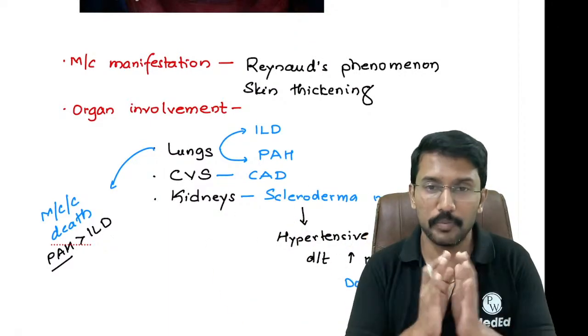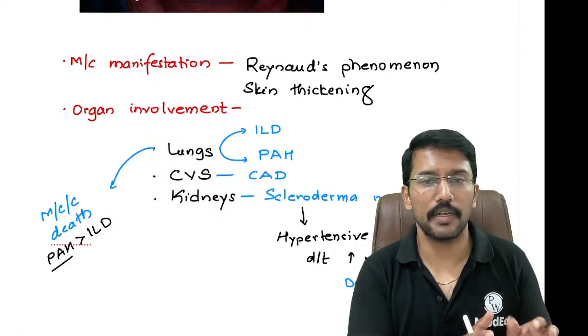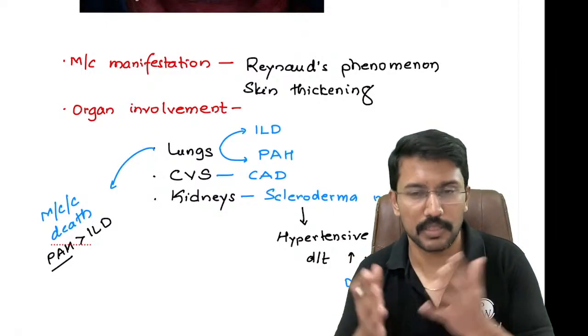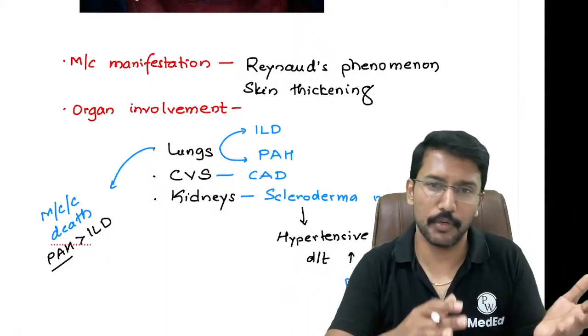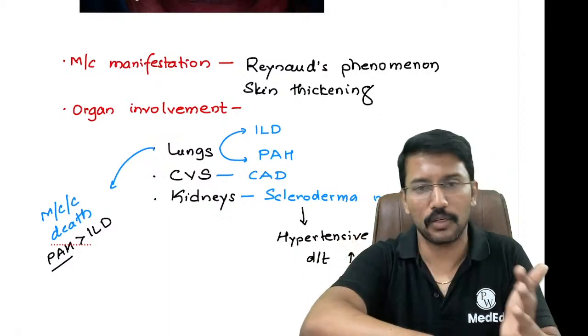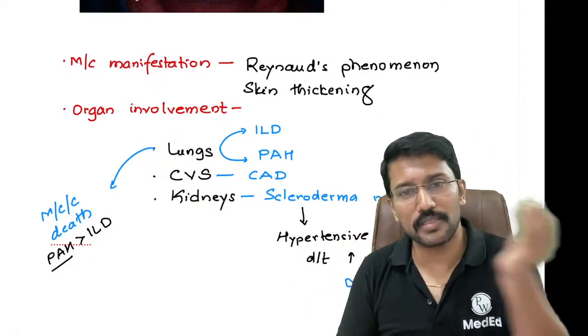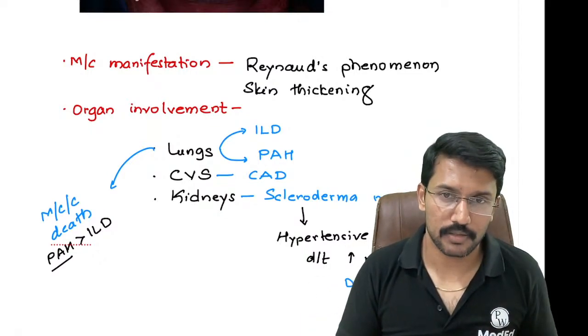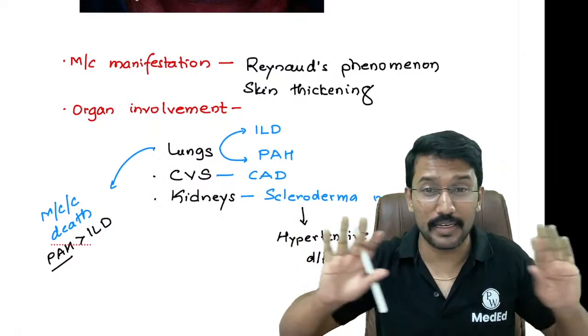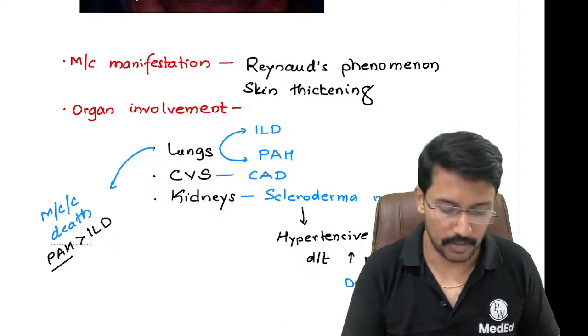Right from the beginning, it will be either a limited cutaneous variant or a diffuse cutaneous variant. If it is diffuse cutaneous, thickening would have started everywhere simultaneously. If it is limited cutaneous, thickening would have started only distal to the elbow. A limited cutaneous does not become diffuse cutaneous, and a diffuse cutaneous does not become limited cutaneous. That is why these are two clearly distinct subtypes.